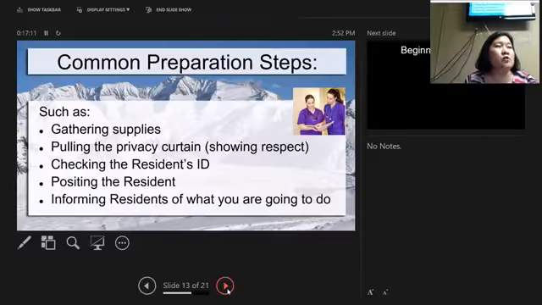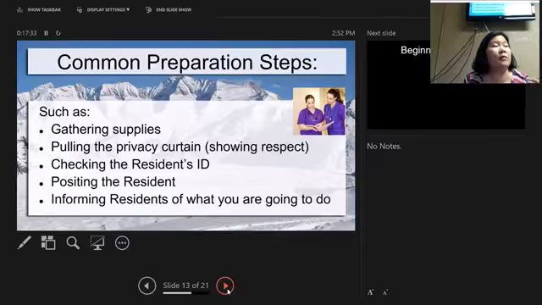I told you we're going to learn 22 skills that you're going to be tested on, but those skills have supplies that you have to grab to bring into the room with you as part of your beginning procedures. So that list of supplies is just going to help you remember to bring all this with you to do your skill. If you forget something, it's fine.